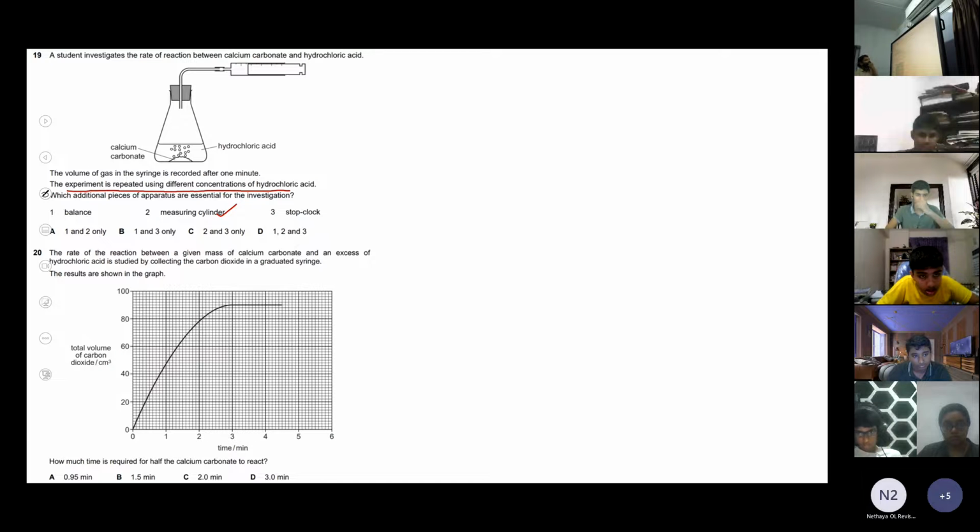All three are needed. So if you repeat the experiment, you have to put the same mass of what? Calcium carbonate.